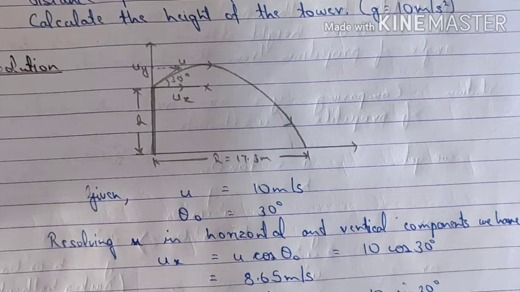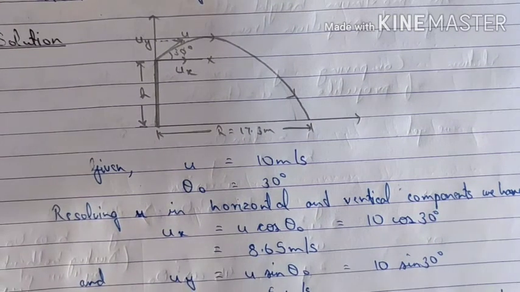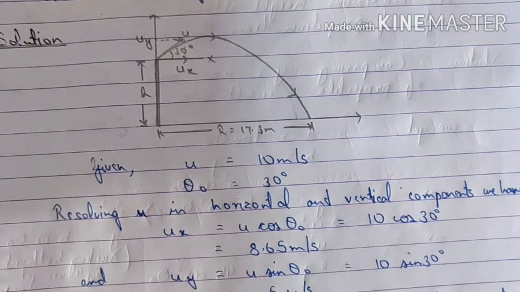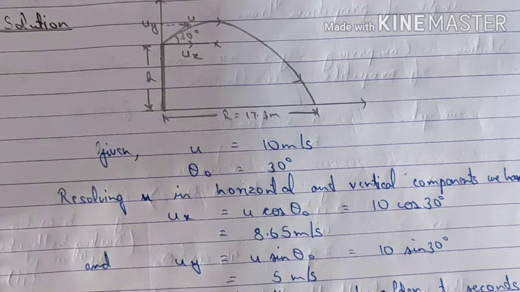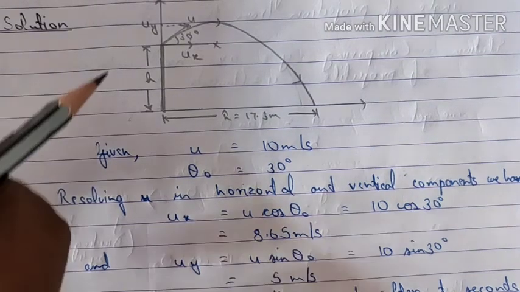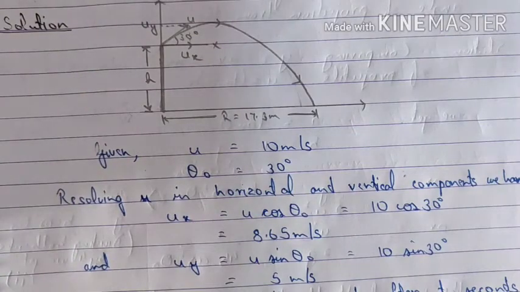Since u is equal to 10 meters per second, we can resolve u into its vertical and horizontal components. Let's calculate the horizontal and vertical components of u.